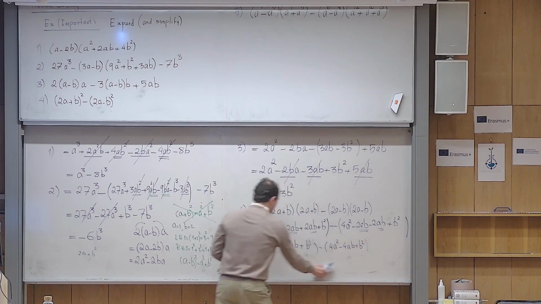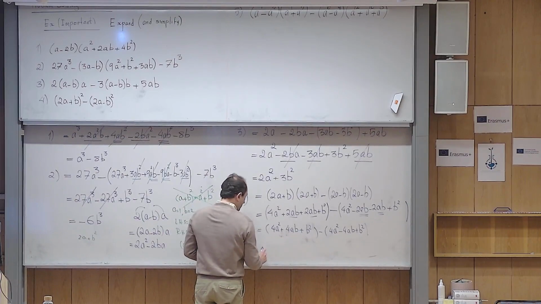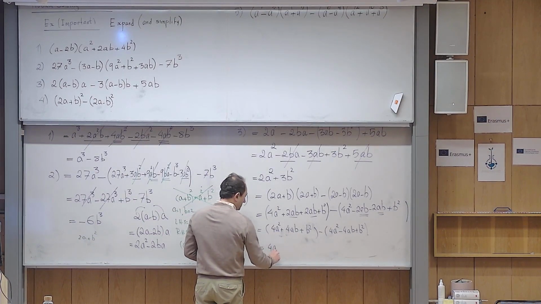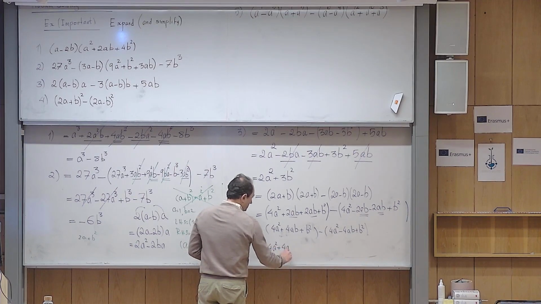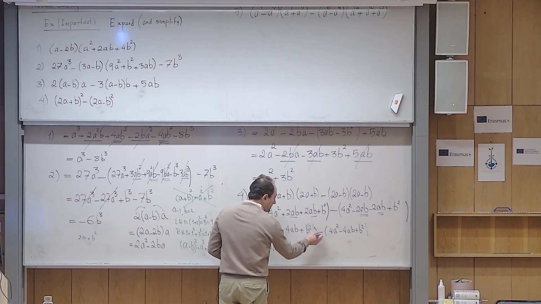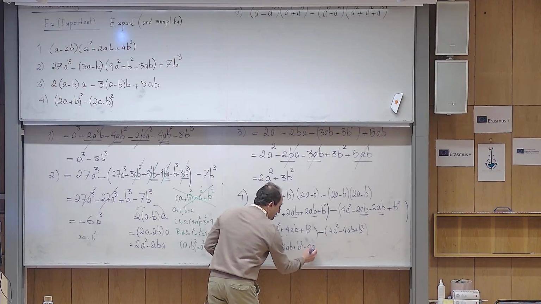And now everything is ready to open up the pair of brackets. For this one, I don't need to be careful, because there is nothing behind it. I just remove it. But for the second one, I remove it, but this minus sign is not only for the first term, it is for all the terms. The first one becomes negative.